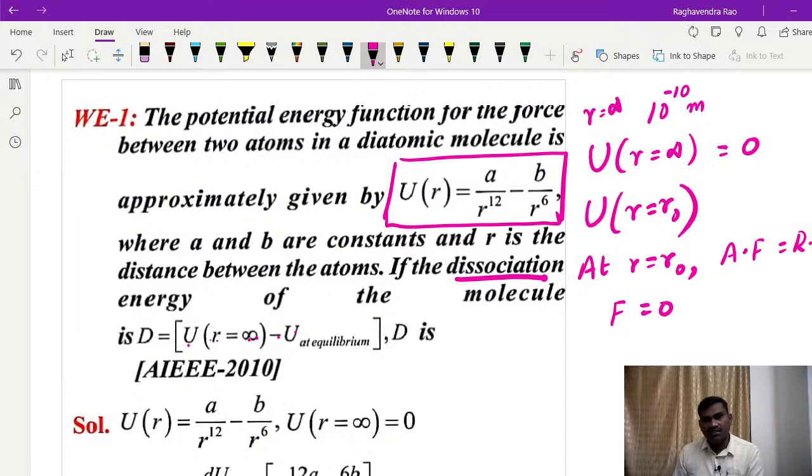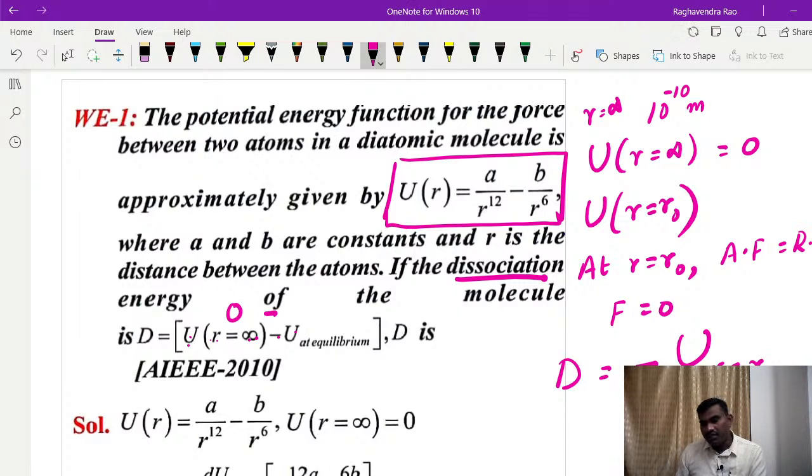Now U at R equal to infinity is equal to 0, so the dissociation energy is equal to minus U at R equal to R naught.